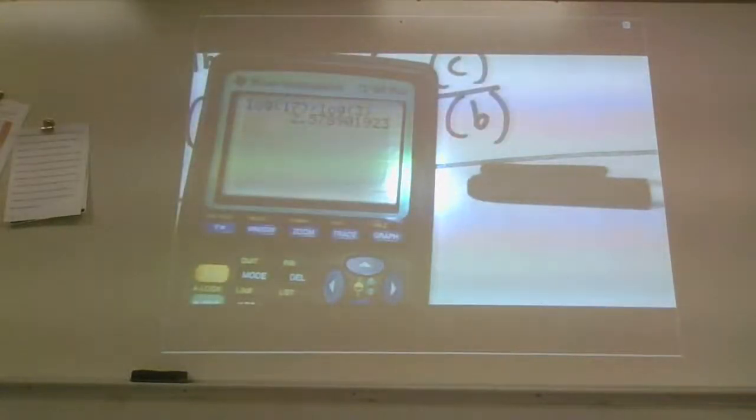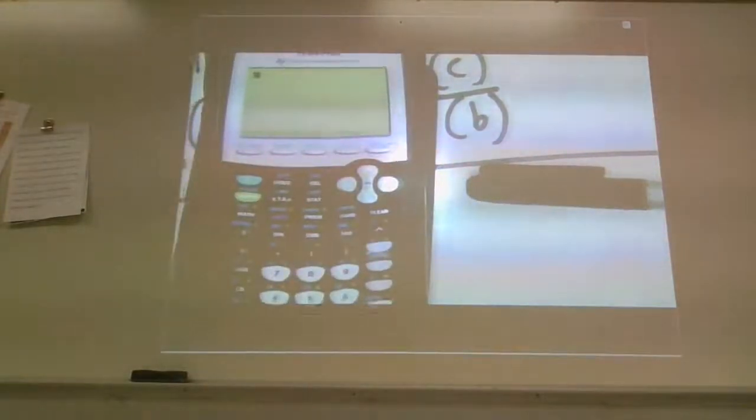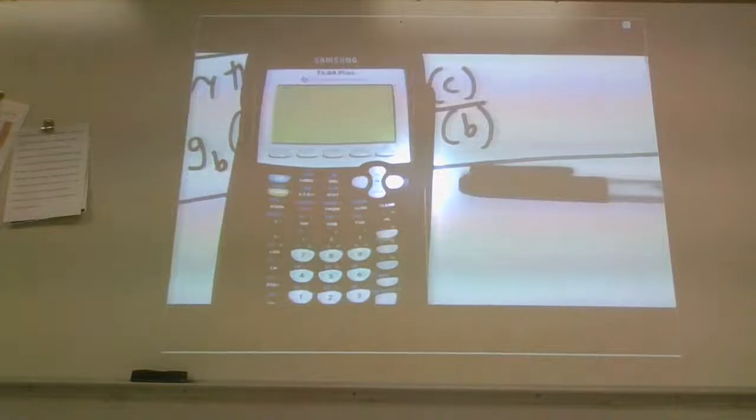I told you guys about Wabbit Emu, right? No? I didn't tell you about Wabbit Emu. Check this out. You see I'm still holding my phone? See the Samsung at the top? If you have an Android phone, you can get this for free.